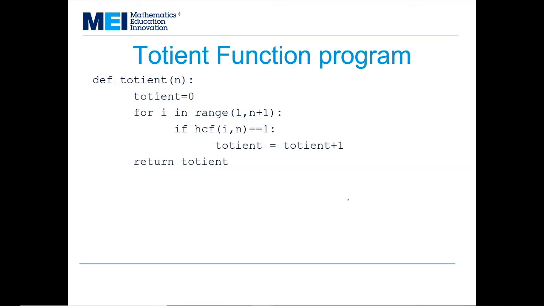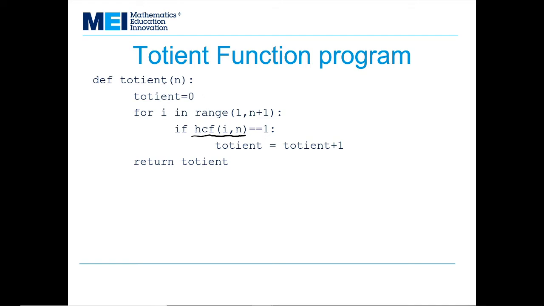So let's have a look at a function that could be used to find the totient function. This relies on a function that we used in a previous video, which was the highest common factor function. I've reused that here to say that if the highest common factor of my two numbers is 1, then I'm counting that towards the totient.